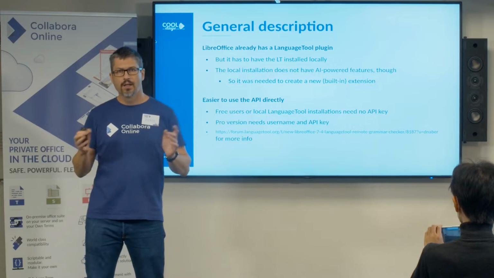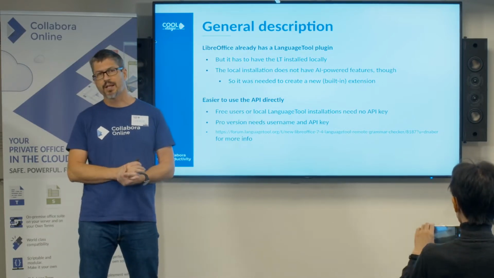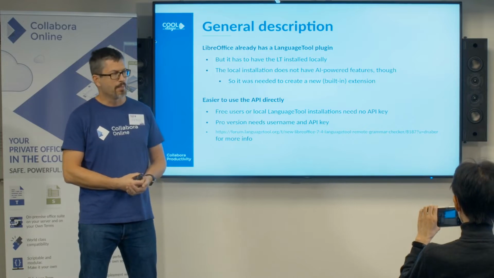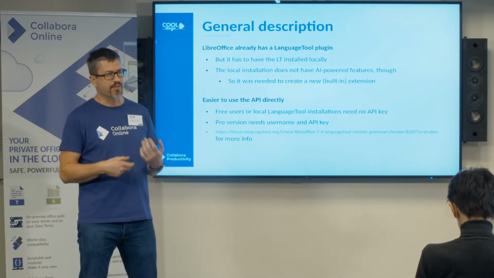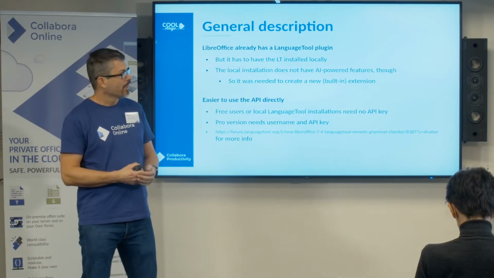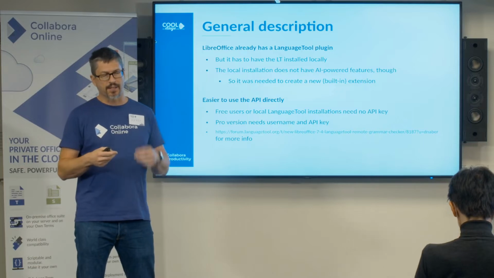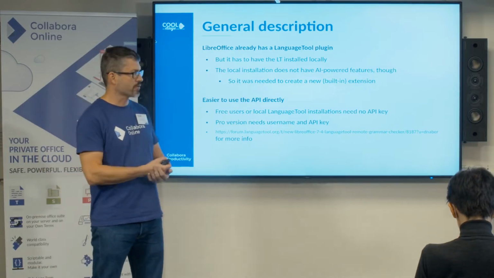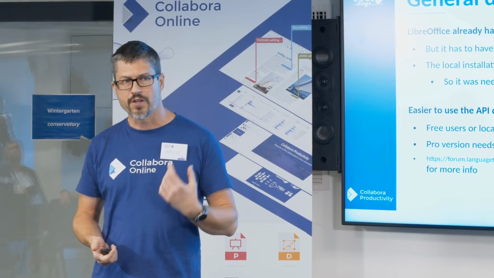In general, the idea is easy, but you might be wondering why to do it in the first place, because LibreOffice already had some kind of functionality to integrate language tool for the spell checking. And that's the thing, it was doing that mostly for spell checking, but the language tool itself can have many features.